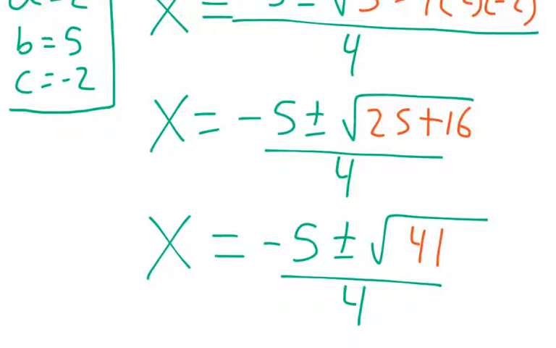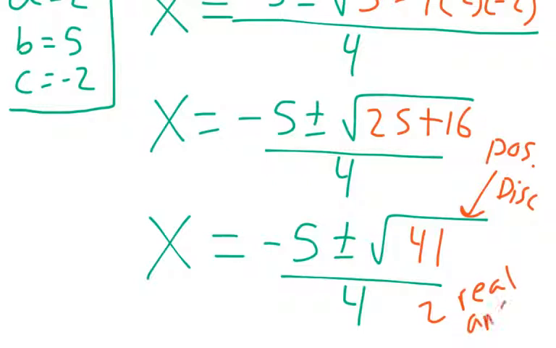Root 41 is not a whole number, and I can't break it down any further than that. However, because that is a positive discriminant, I do have two real answers, because I'm going to be having negative 5 here and then plus or minus some actual real positive number over 4. So I have two answers, the plus and the minus.